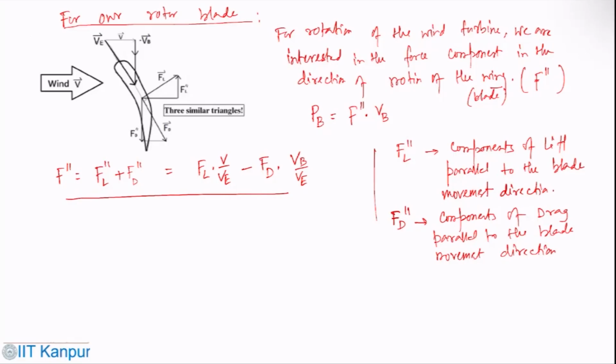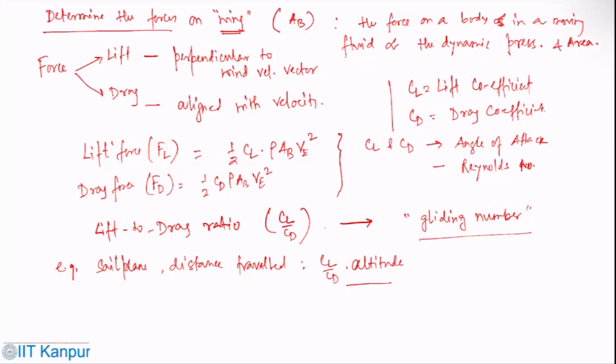Now, once we bring everything together, essentially this, if we put it back in the power, so what we get, half rho A_B V_E square, 1 by V, C_L into V. So once I put this back and also write the expression for FL and FD, these are the expression for FL and FD.